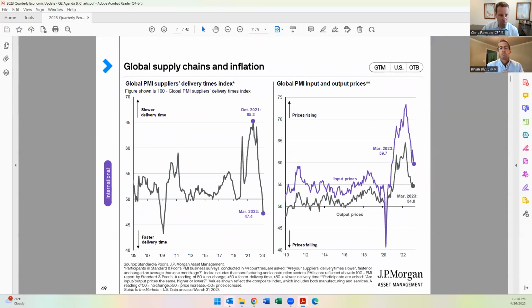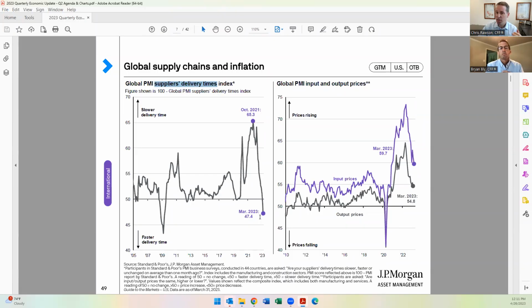So here's global supply chains and inflation. What are the suppliers' delivery times? We all remember COVID and all the boats off the coast of California, and all this delay. Well, that has dropped dramatically. There are faster and faster delivery times. When we presented this chart last time, the purple dot was up here, above 50.